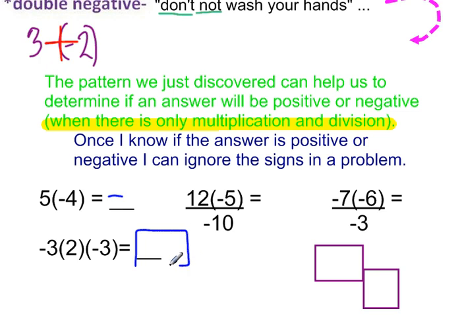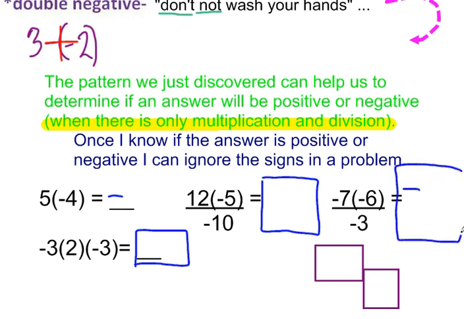So I'm just going to put a box around this, and that's going to let me know my answer is going to be positive. What about this problem? How many negatives do you see? I see 2. That's going to give me a positive answer. And here I see 1, 2, 3. That's going to give me a negative answer. I'm going to go ahead and put that negative in there so I don't forget about it.